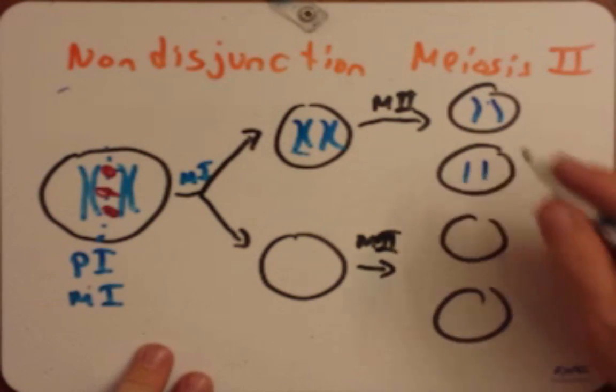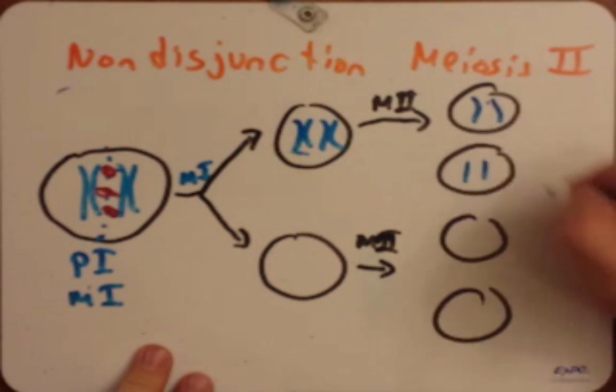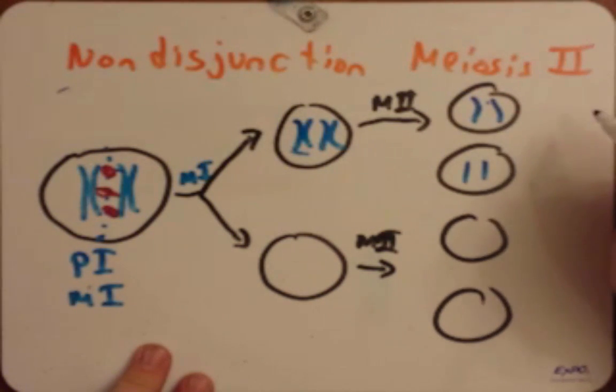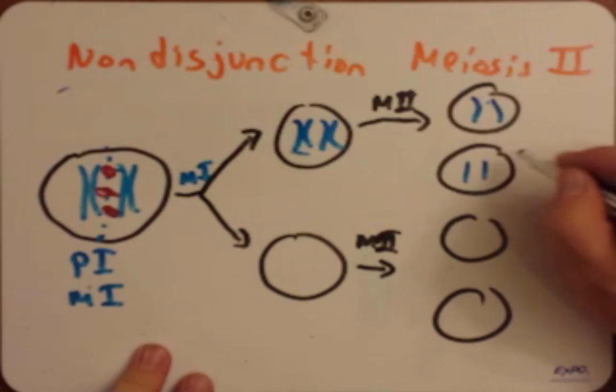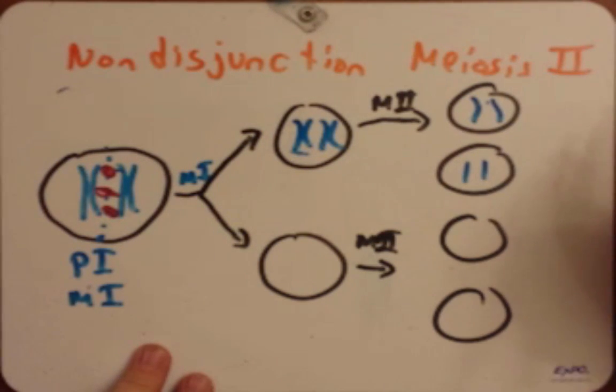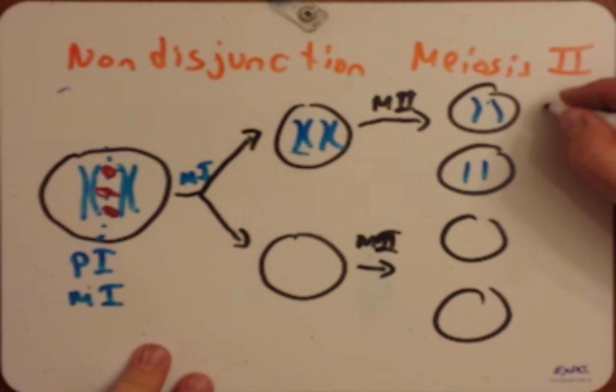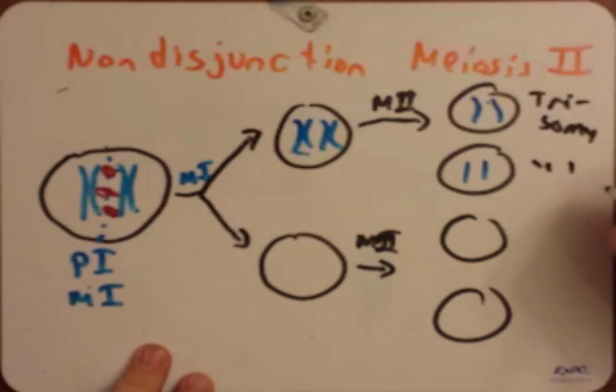Now, let's say these are sperm, and if this sperm is to fertilize an egg that is a haploid, as most eggs are, then that fertilized zygote is going to have these two chromosomes from the sperm and the one chromosome from the egg. So ultimately, this is going to lead to a trisomy, as will this.